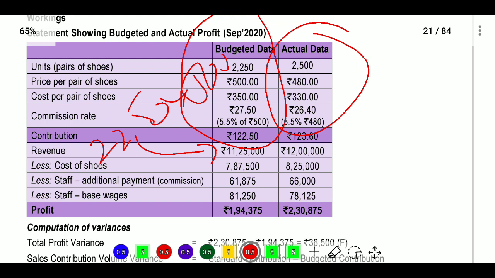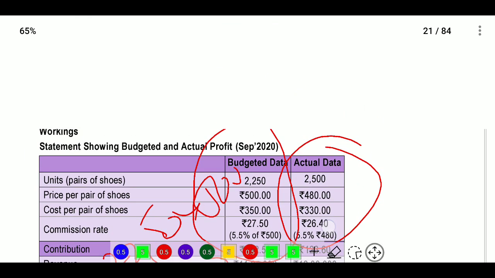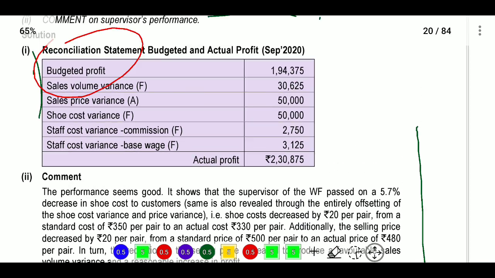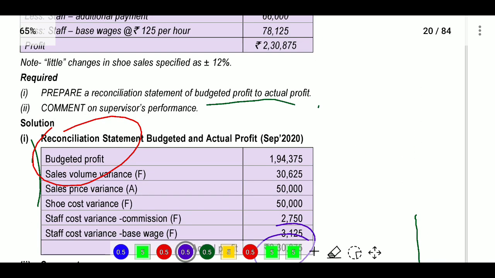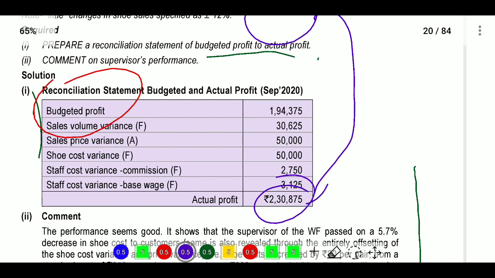This is the budgeted profit, and 2,33,875 is the actual profit they provided. So we will take the budgeted figures and provide these reconciliations.